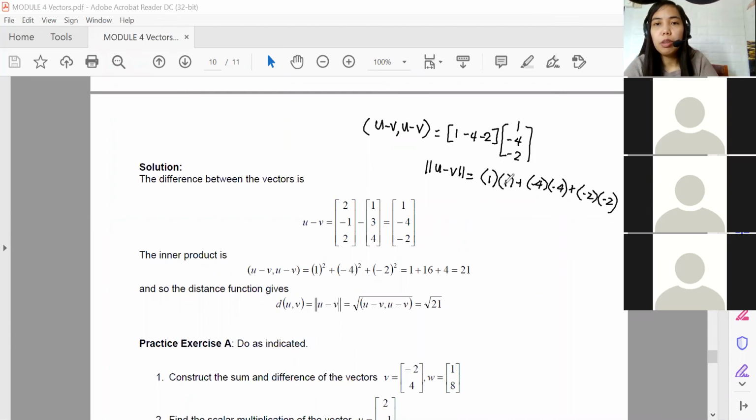So we will have 1 times 1, 1, negative 4 times negative 4, 16, negative 2 times negative 2, it's 4. So we will have 1 plus 16, 17 plus 4, the answer is 21.